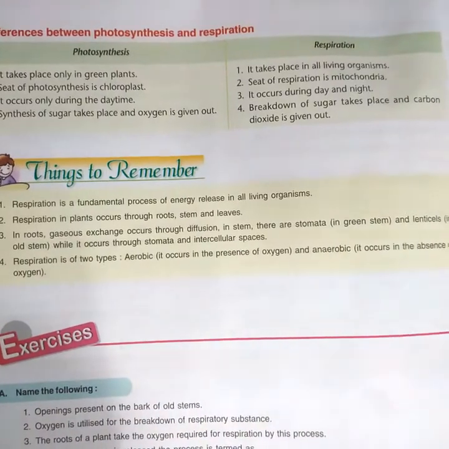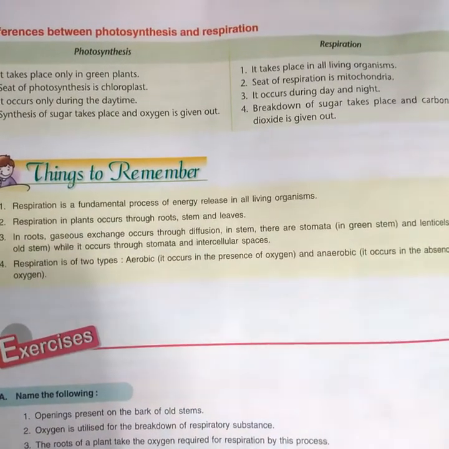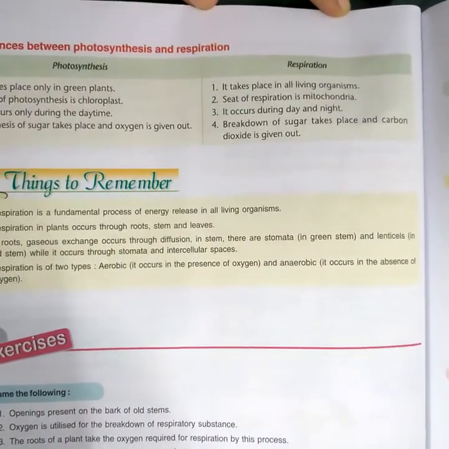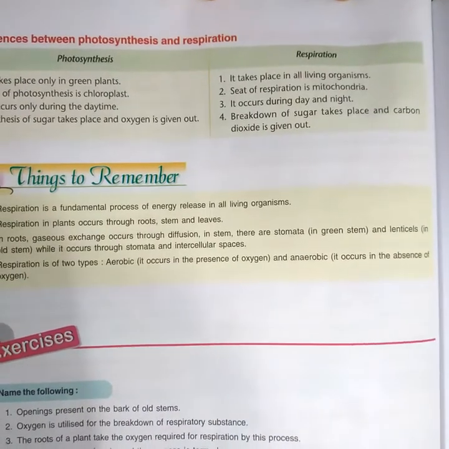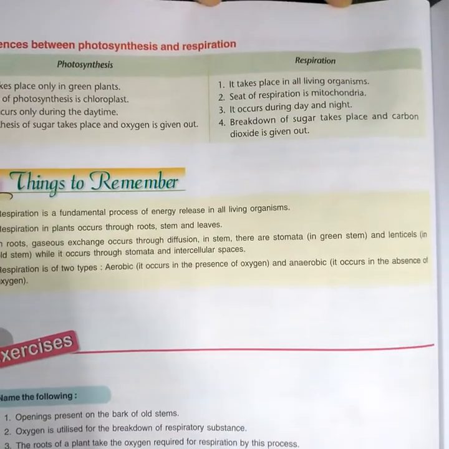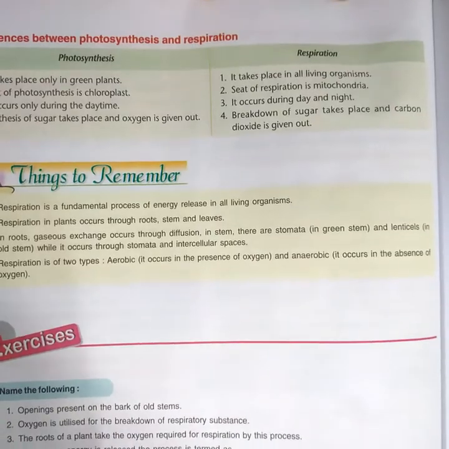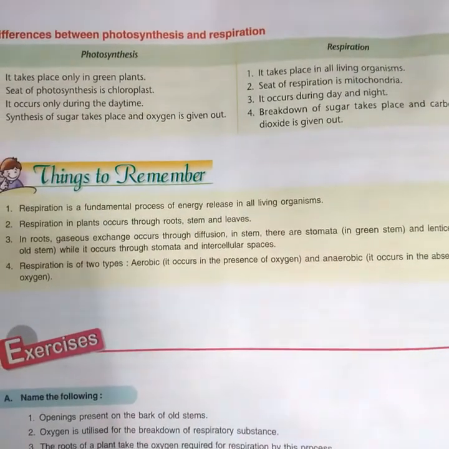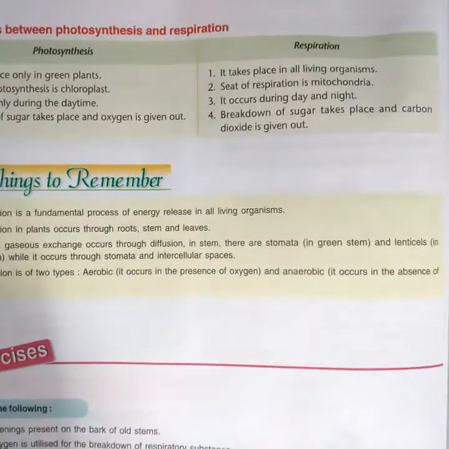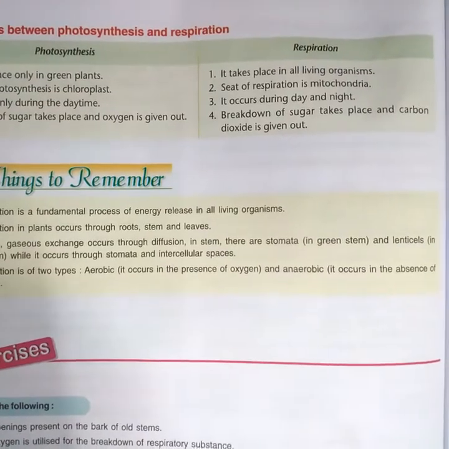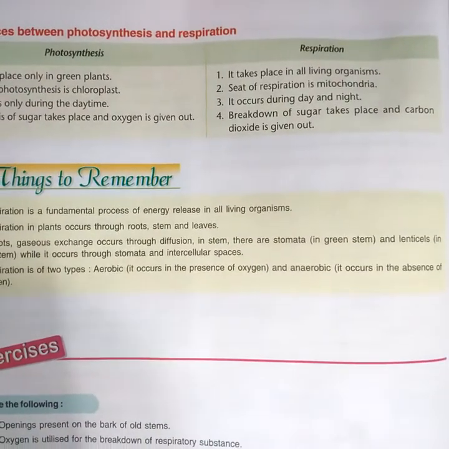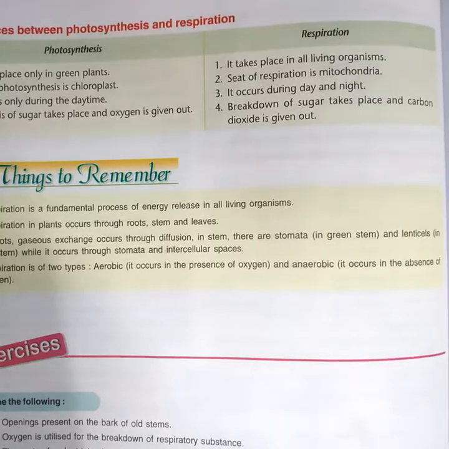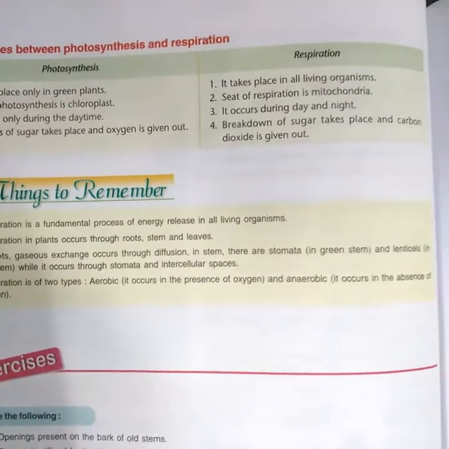Because photosynthesis takes place in presence of sunlight, but respiration occurs throughout day and night. Now point number 4, synthesis of sugar takes place and oxygen is given out. And in respiration, breakdown of sugar takes place and carbon dioxide is given out. So these are some important differences between photosynthesis and respiration.